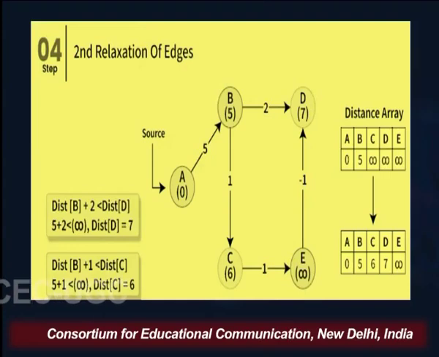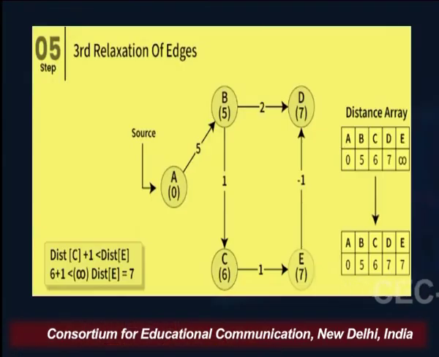Because both the edges, which are BD and BC, are starting from B. So, we have taken the vertex B and relaxed all those edges which are outgoing from B. B to D we have relaxed, and we have also relaxed B to C, and till before this the distance to D was infinite, the distance to C was also infinite.